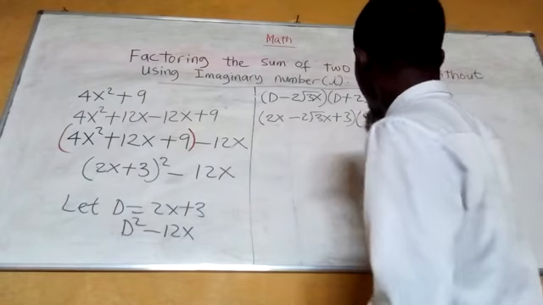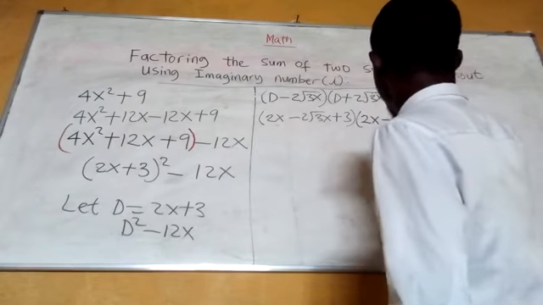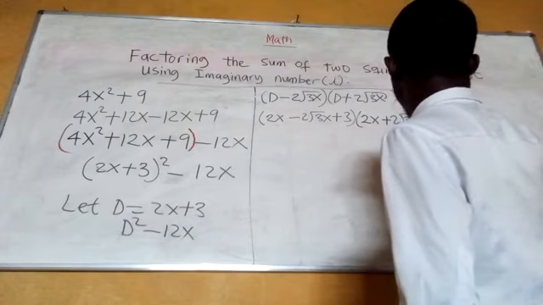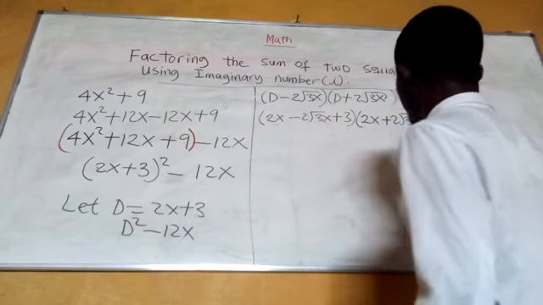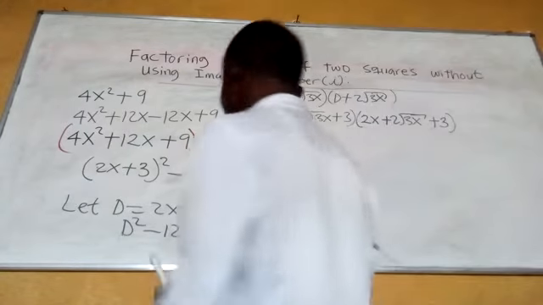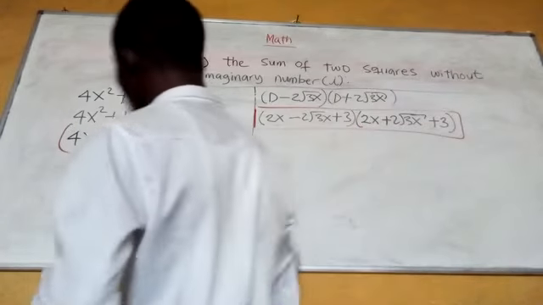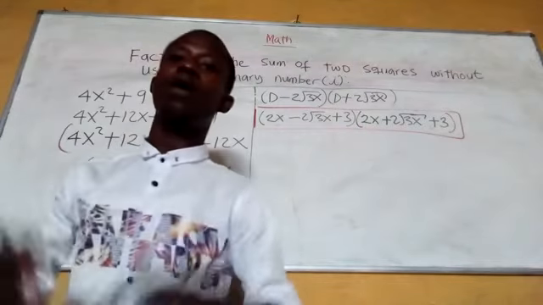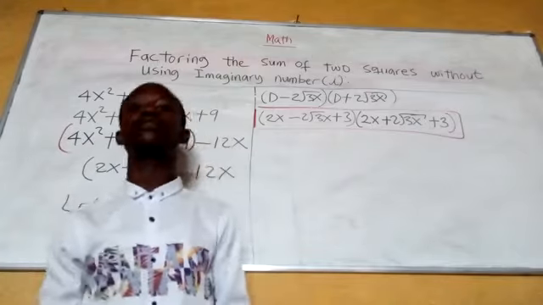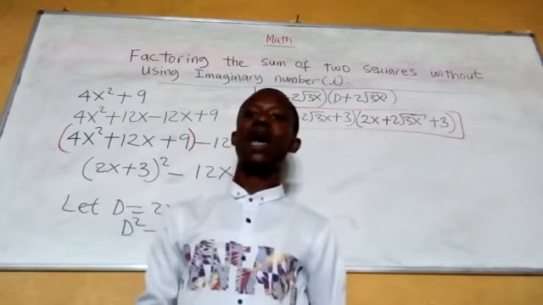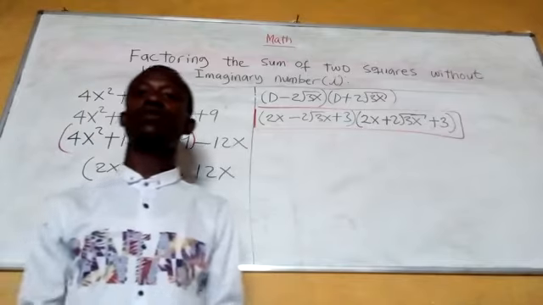The second one we have 2x plus 2 root 3x plus 3, closing. So we have now factorized the sum of two squares again without using imaginary numbers. So today you are strongly convinced that the sum of two squares can be factorized without using imaginary numbers.